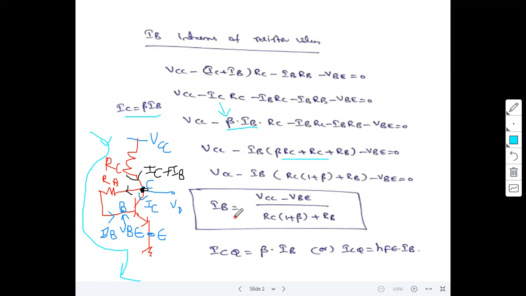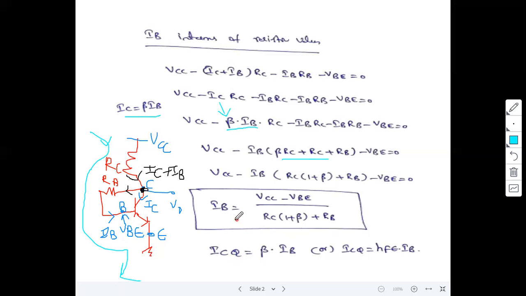Now IB is the base current expression in terms of resistor values, transistor parameters, and supply and junction voltages. IB is equal to (VCC minus VBE) divided by (RC into (1 plus beta) plus RB). Sometimes beta is also called HFE.